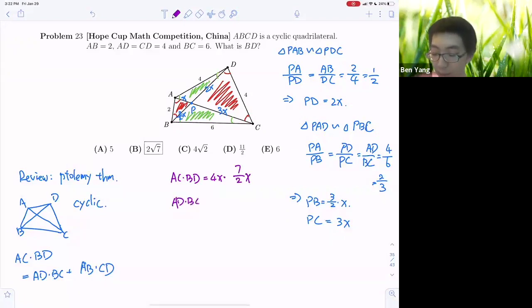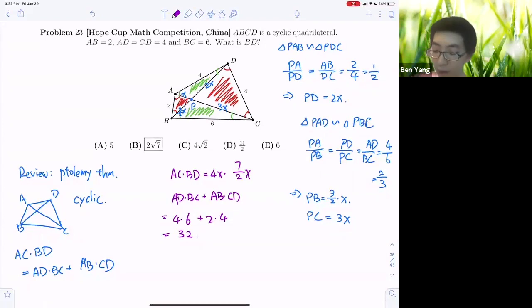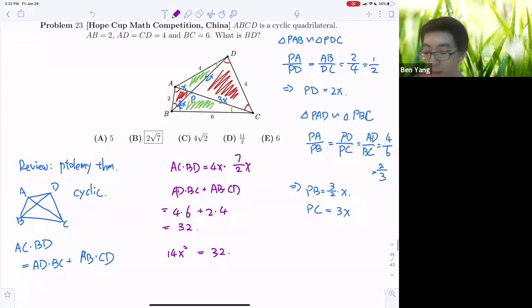AD times BC plus AB times CD is equal to 4 times 6 plus 2 times 4, which is equal to 32. Okay, now we have the equation. So 14x squared is equal to 32. So x squared is equal to 16/7.